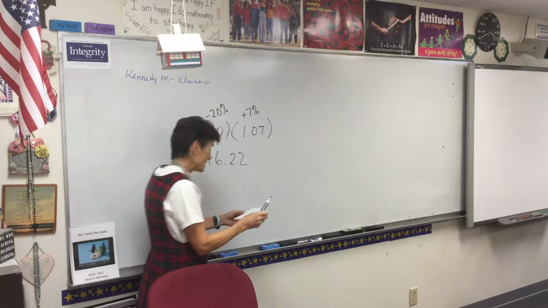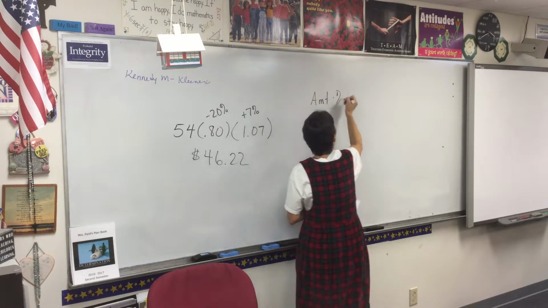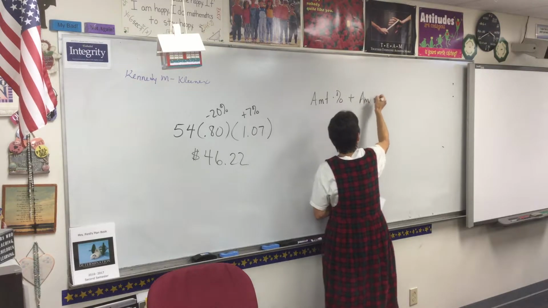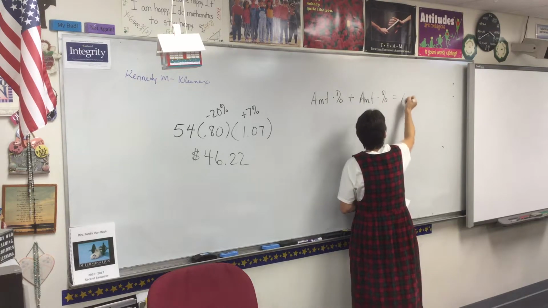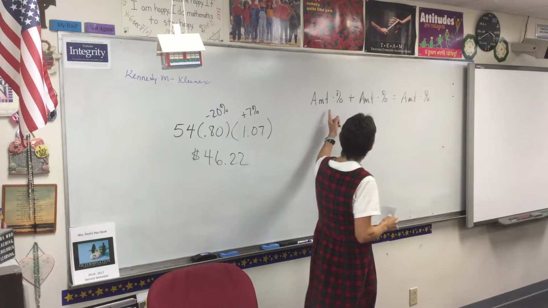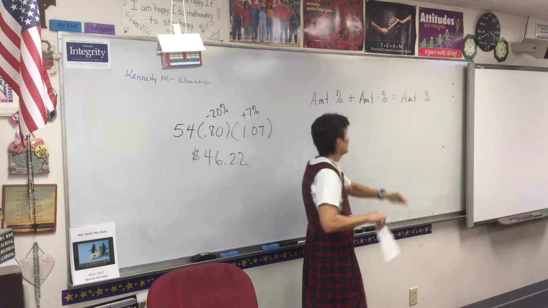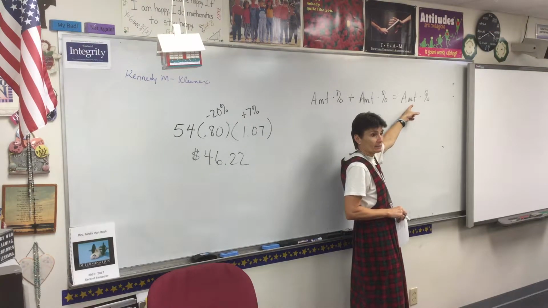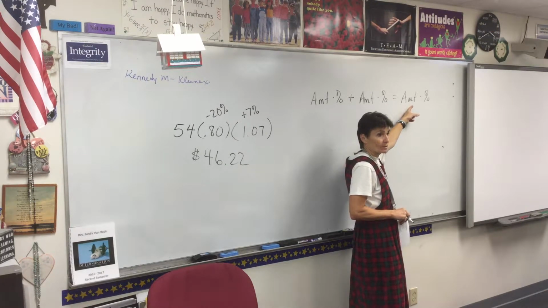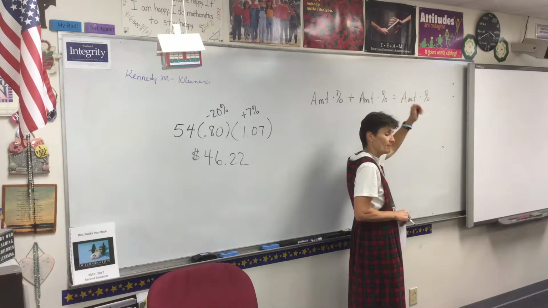Okay. Now the next one is our mixture problem. So we start with the general format. The idea is that you are adding two solutions together and ending up with a final product. And all the way across is amount times percent, amount times percent, amount times percent.